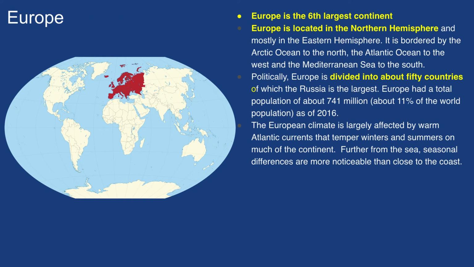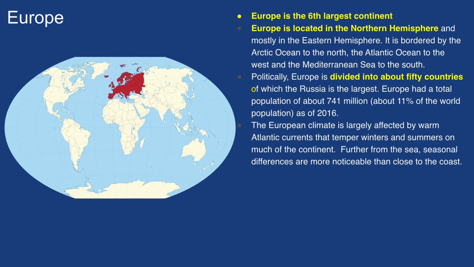border. Then we have Europe, which is the sixth largest continent, and it's in the northern hemisphere. And it's mostly also in the eastern hemisphere. It is bordered by the Arctic Ocean to the north, Atlantic to the west, and the Mediterranean Sea to the south. Politically, Europe is divided into about 50 countries, of which Russia is the largest.